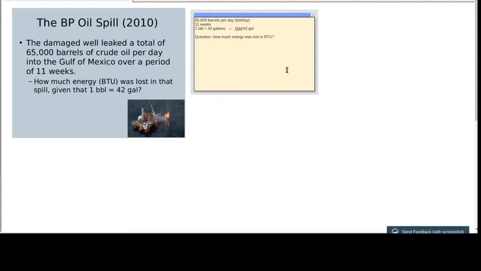Okay, so looking at that information, I'm not quite sure how to proceed. I have information about barrels and days and weeks and gallons. I don't know anything about BTU, so there's some side questions I'm going to have to be able to answer. I may have to look some information up to be able to get this. So one, what's BTU?